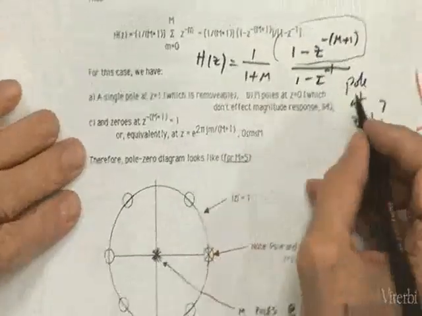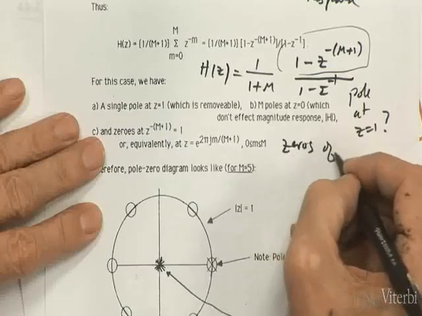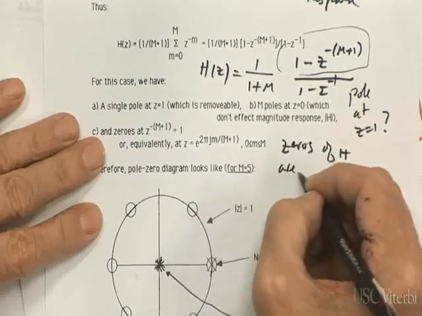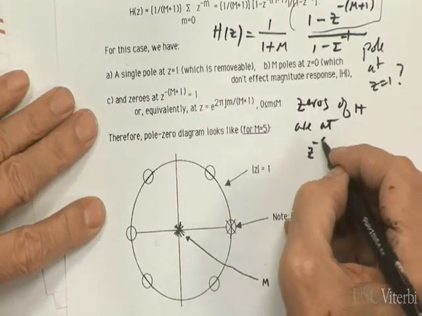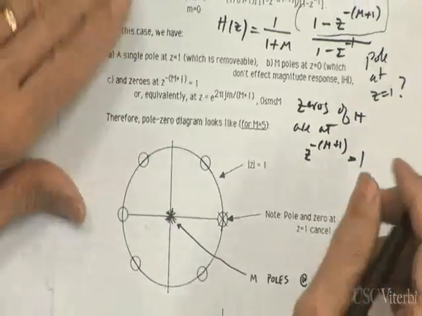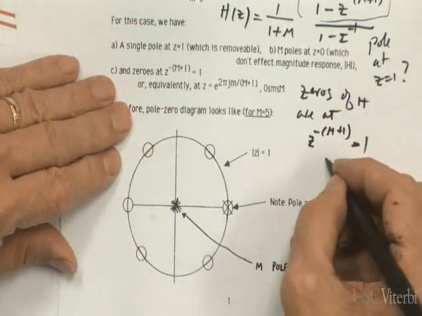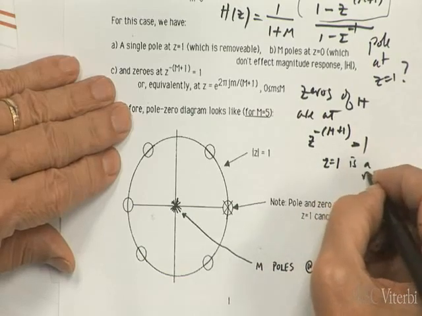And in fact, the zeros of H are at when z to the minus (M plus 1) is equal to 1. Now, you can check out, certainly z equals 1 is a root. That's pretty clear.